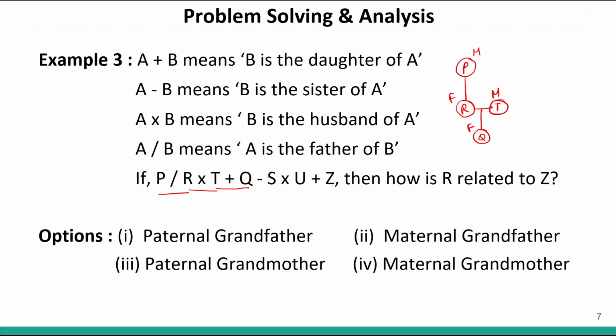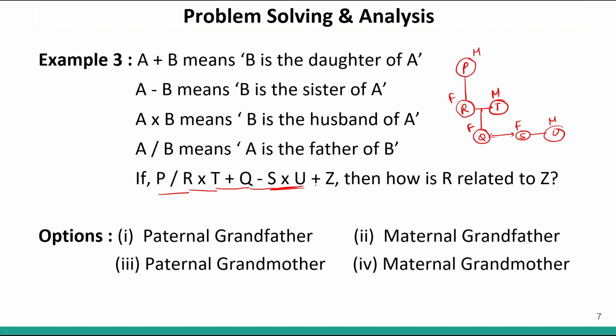Q minus S means S is the sister of Q. So I am denoting the sibling bond like this. So S is the sister of Q. If S is the sister, that means S will also be female. S into U means U is the husband of S. So if U is the husband of S, he will be male.